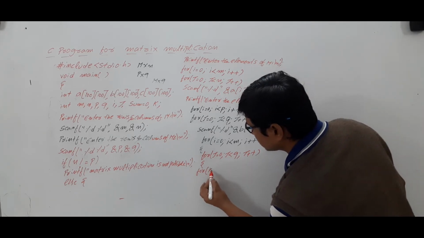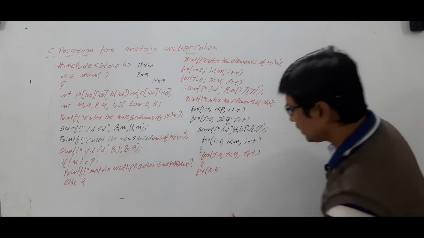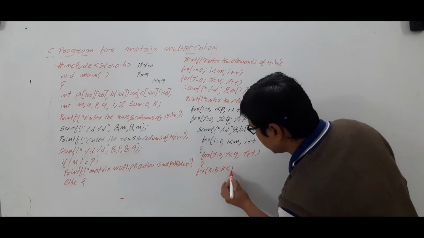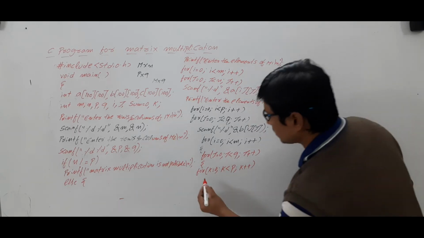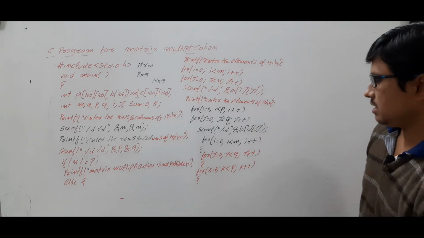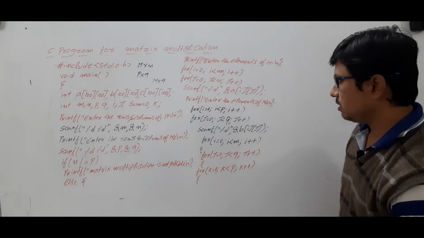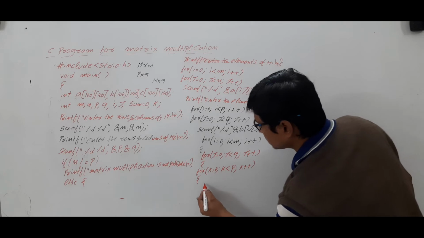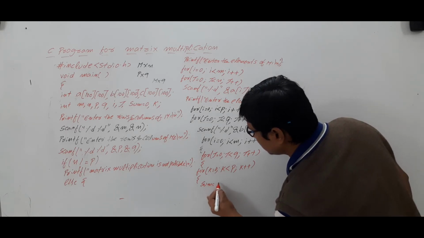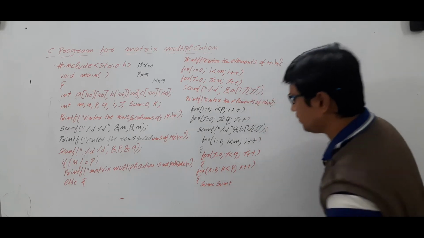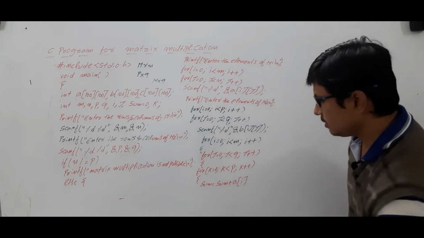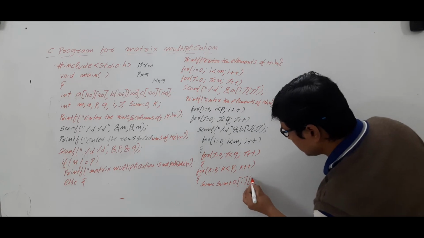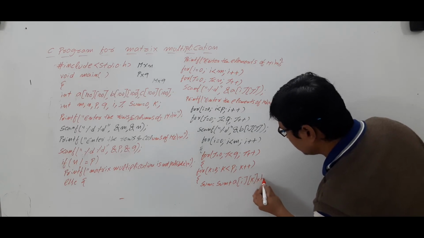For k is equal to 0, k less than p, k plus plus. Are you able to understand it or not? Open this and then you perform this operation. What is that? Sum is equal to sum plus A of i, k, the ith row and kth column of matrix A, into B of k, j.